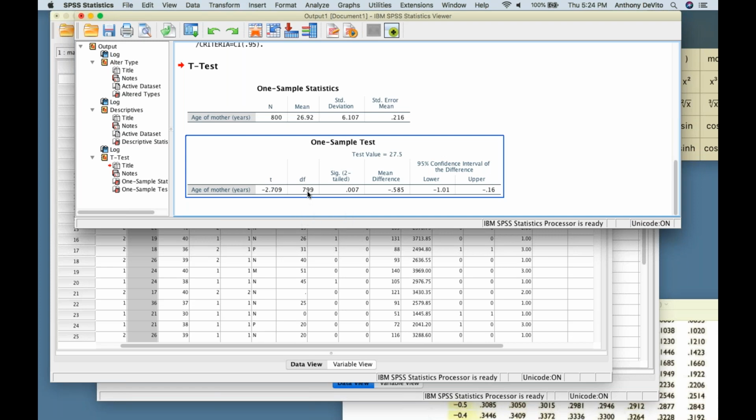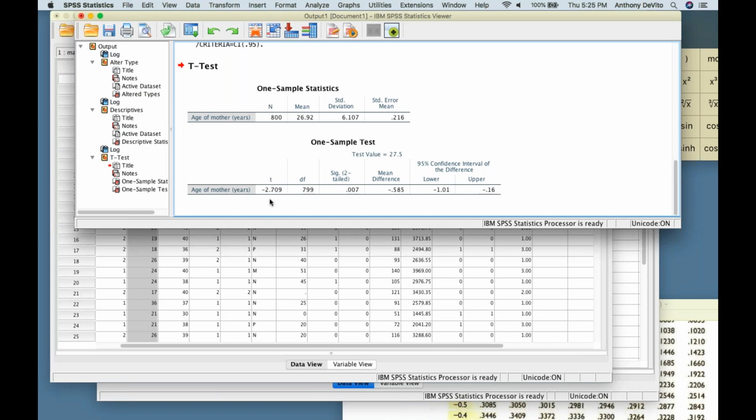Okay, and what's the t-score we calculated? Negative 2.7. Can I say that that t-score is bigger than the critical value of t? It is. So when it's bigger than the critical value of t, what can I say about mu1 equals mu2? I can reject the null hypothesis that they're the same, and accept the alternative hypothesis that they're different, right?